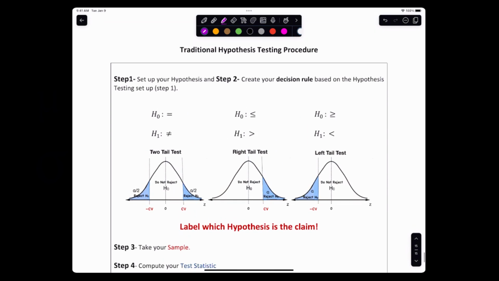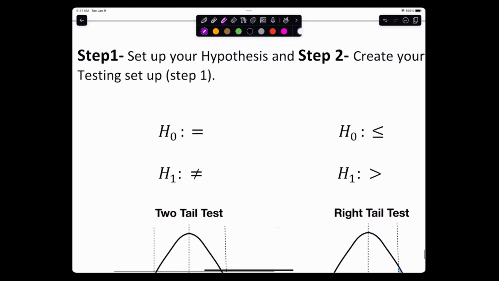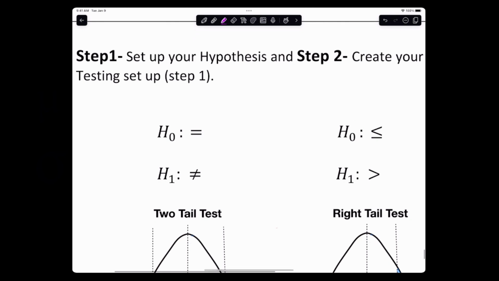And you go, what's the procedure? Here is going to be our procedure. I'm going to have you guys focus on this here. Your first step is going to be to set up your hypothesis.